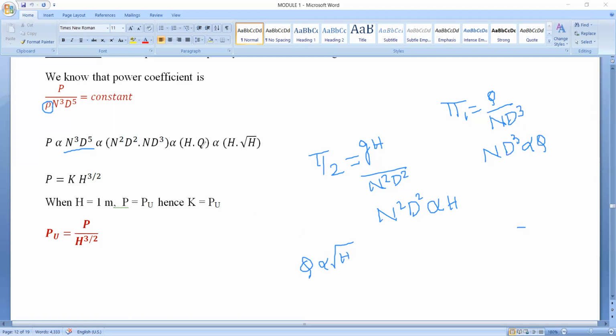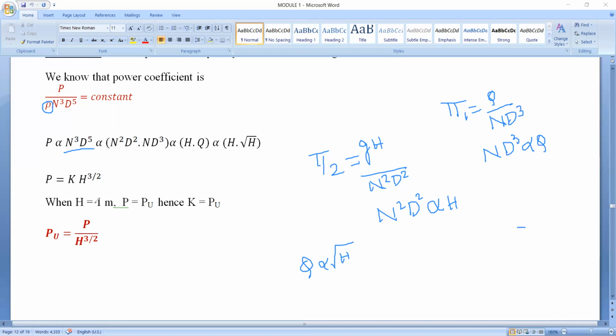Fine. So q is proportional to root of h, and here h is to the power 1, and here h to the power 1 by 2. So 1 plus 1 by 2 is 3 by 2. So I can write here P equals k times h to the power 3 by 2.